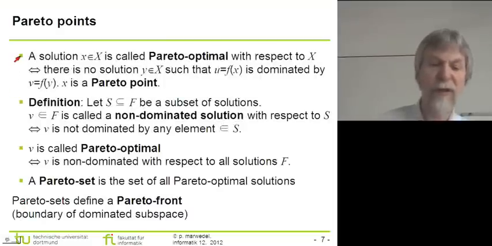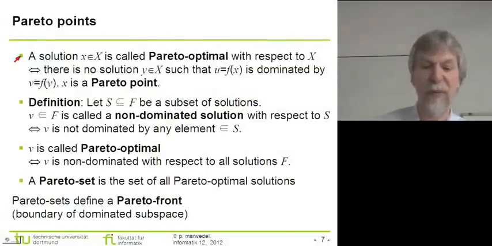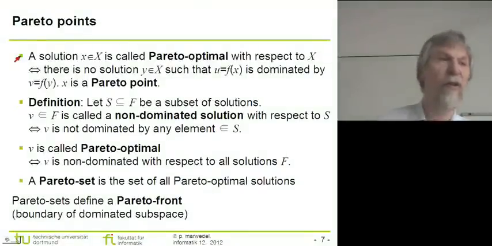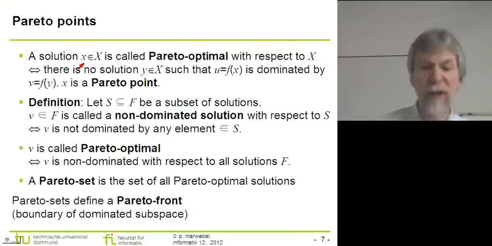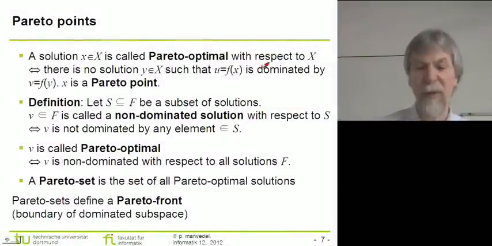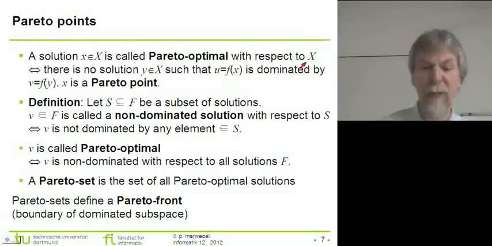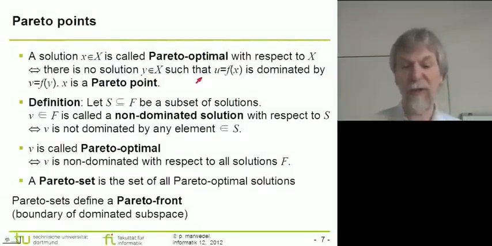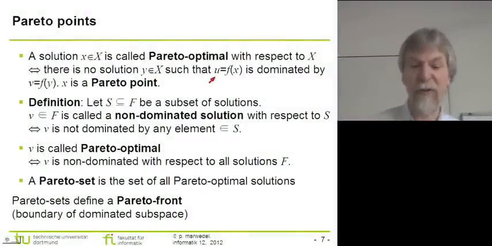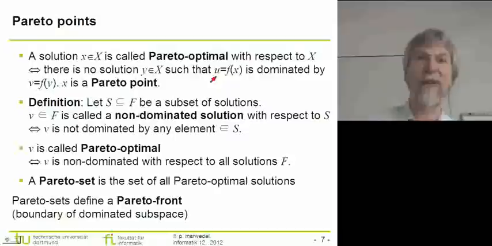Now, based on these definitions, we can define what it means to have a so-called optimal design point, or more precisely to have a so-called Pareto optimal design point. A solution, now defined in the design space, is called Pareto optimal with respect to the overall design space if there is no other solution in the design space such that this first design is dominated by the second.